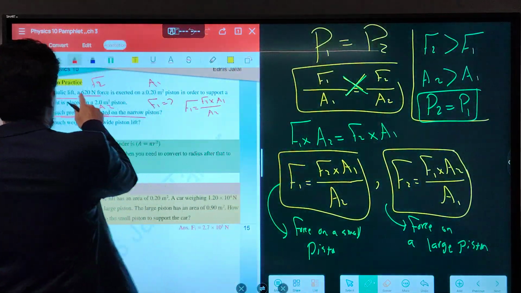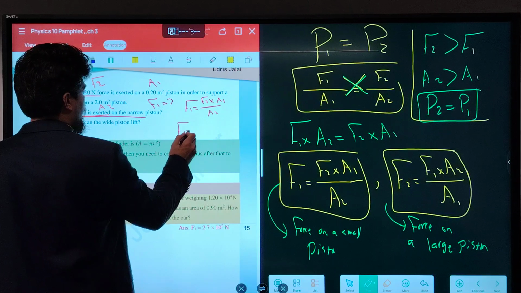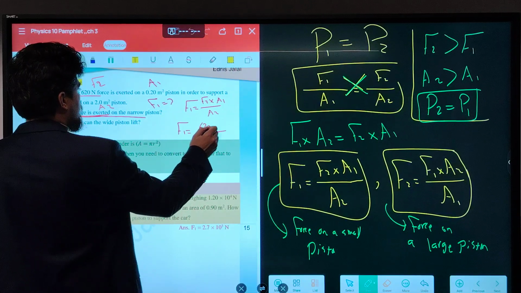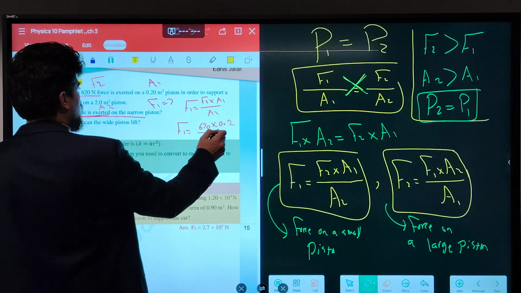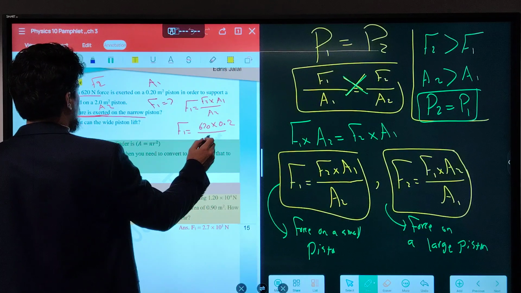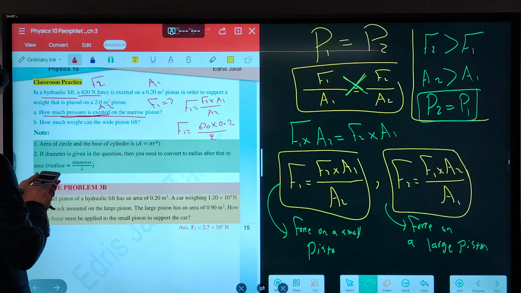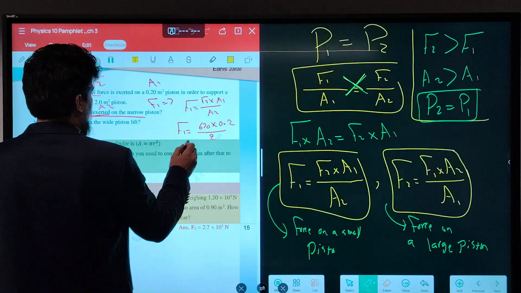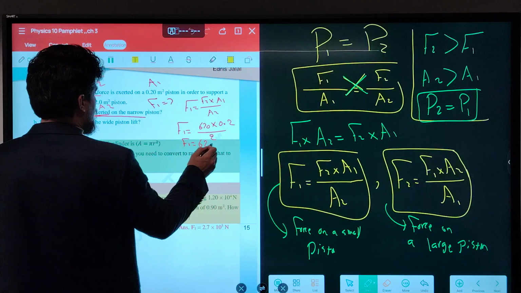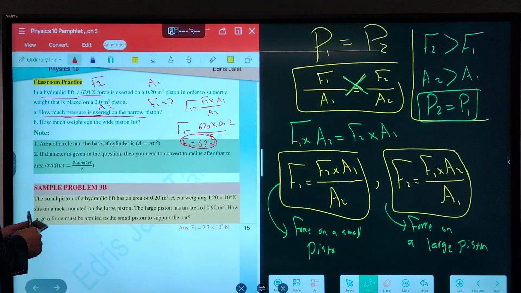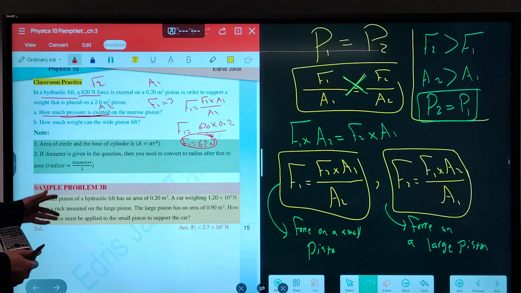Yes, 620 times A1, 0.2, over 2 meters squared. 620 times 0.2 divided by 2 is equal to 62 Newton. F1 is 62 Newton. It should be less than the force on the second piston.